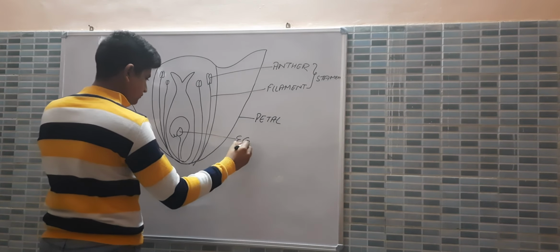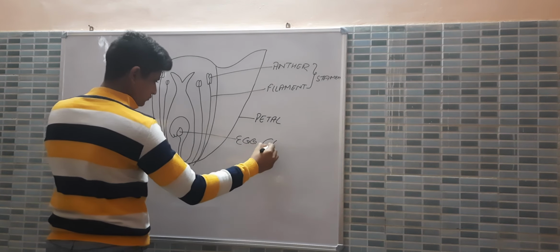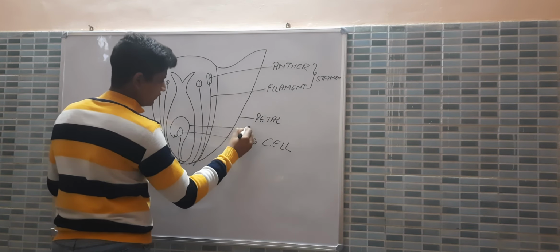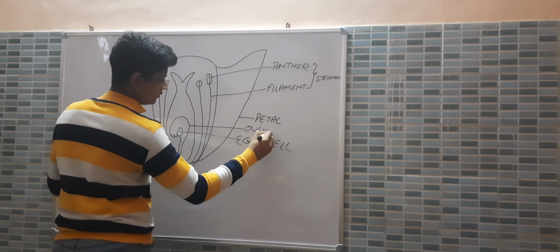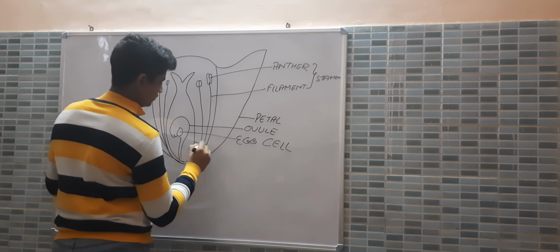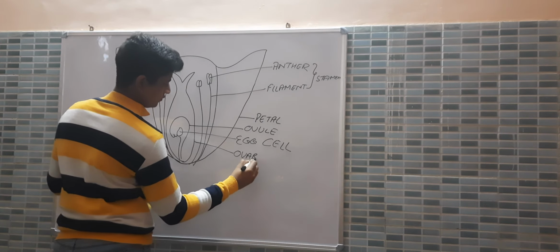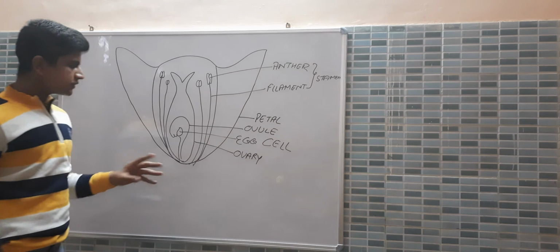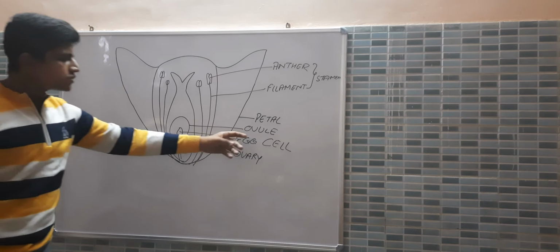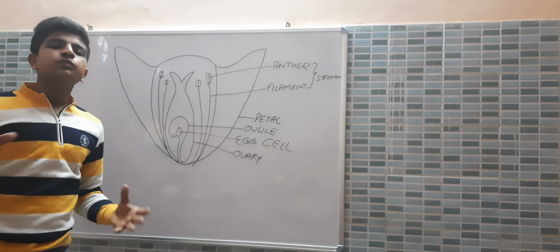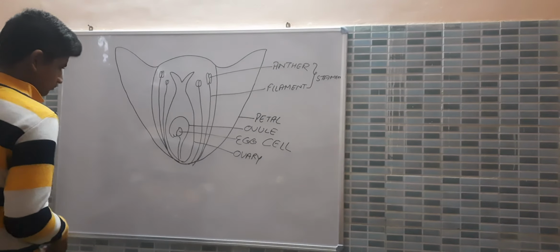This is the ovule, and this is the ovary. After the zygote is formed, this ovule turns into a seed and this ovary turns into a fruit.